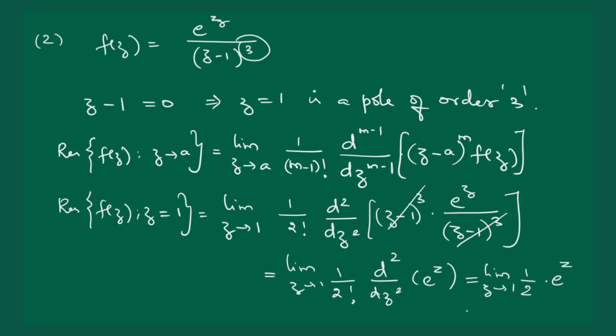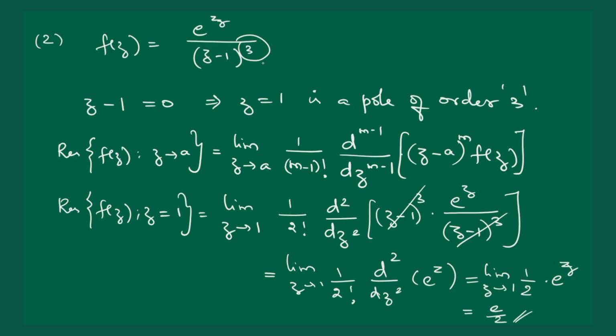So finally the answer is e divided by 2. Why is it e divided by 2? If we put the limit z tends to 1, it becomes e to the power 1, that is e, divided by 2. So this is the answer, and this is the residue for the function e to the power z by (z minus 1) whole cube.